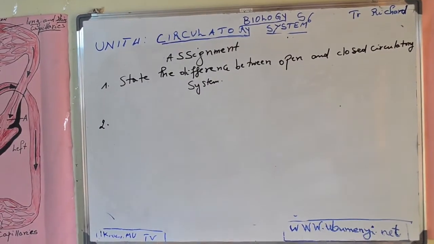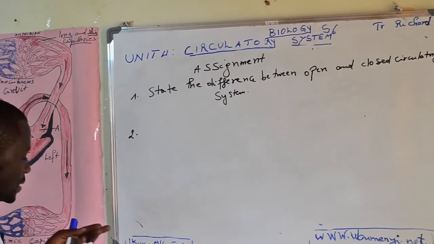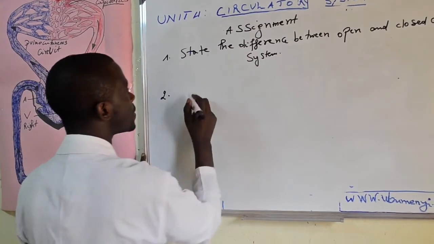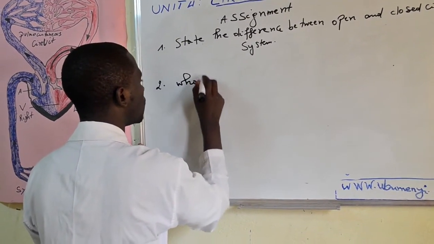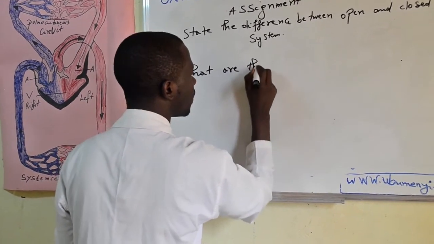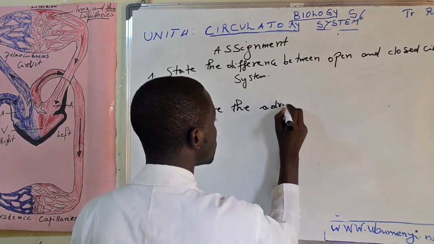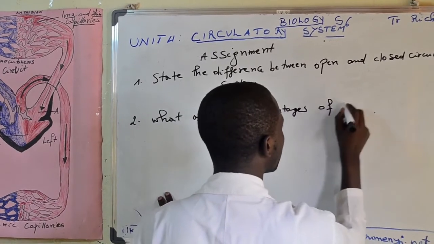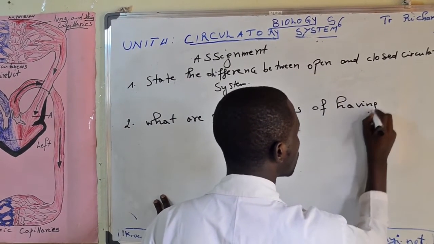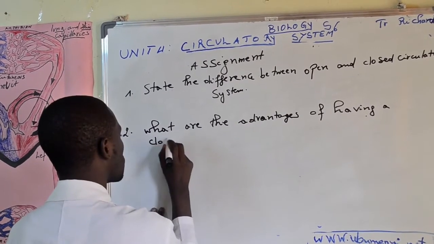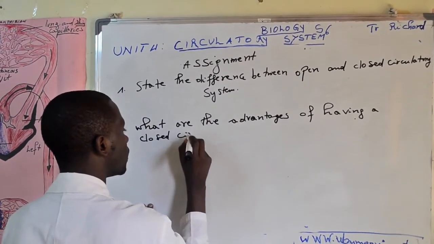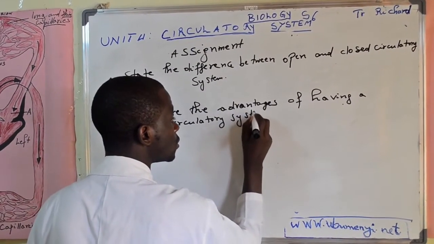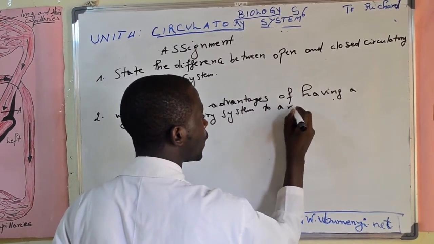Second, dear students, you will state the advantages of having a closed circulatory system to an animal.